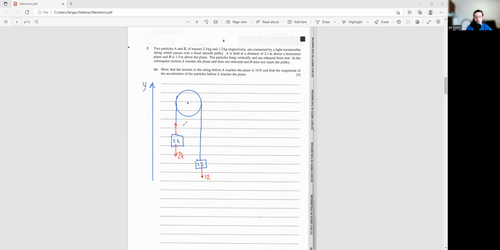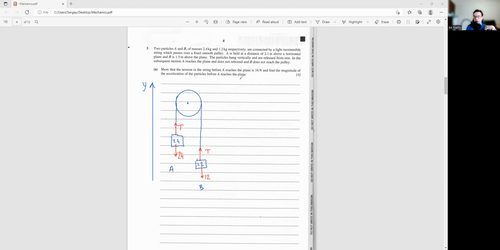Now, both of the weights are attached to the string. So that means we have the force of the tension. And because it's the same string, obviously tension is going to be the same along the string. Okay, so that's the particle A and B.